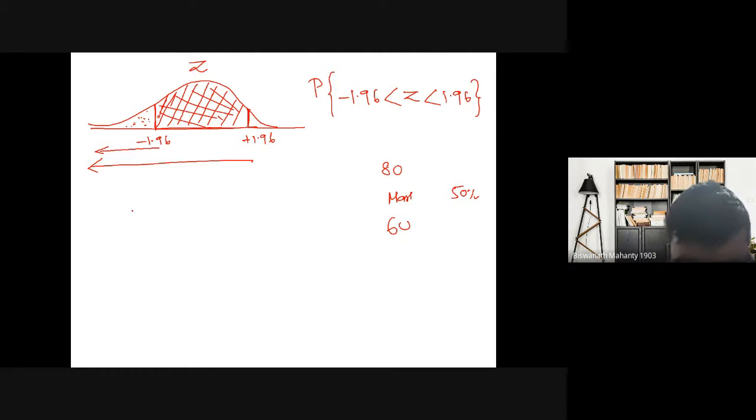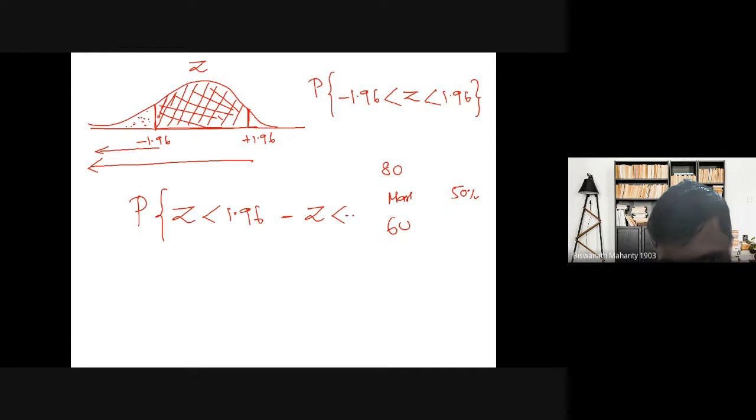So instead of this, I can say this is actually the probability that Z is less than 1.96, that means the whole backside area, minus the probability that Z is less than minus 1.96.